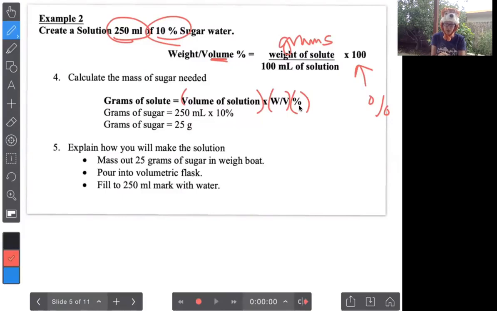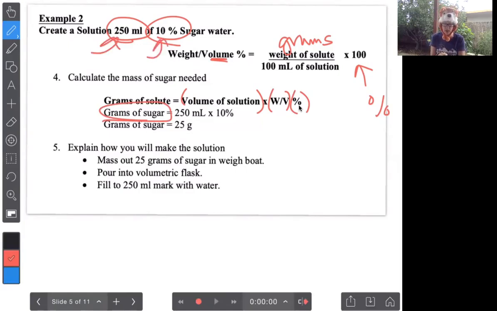The grams is what we're looking for. They're not making it an X because people get scared of solving for X, but this is like solving for X. How much sugar do we put in 250 mils to get a 10% solution?